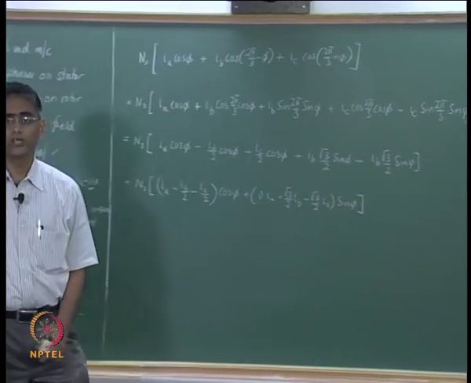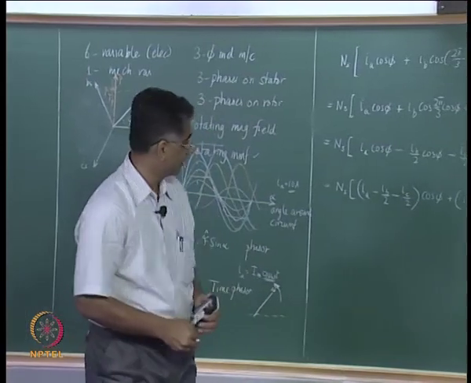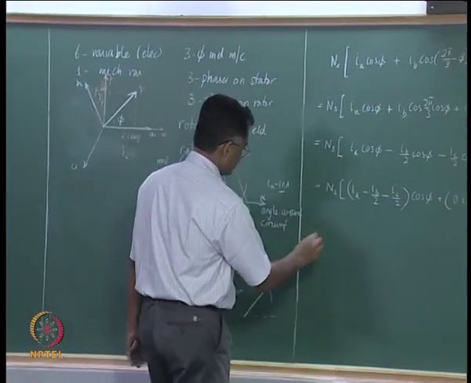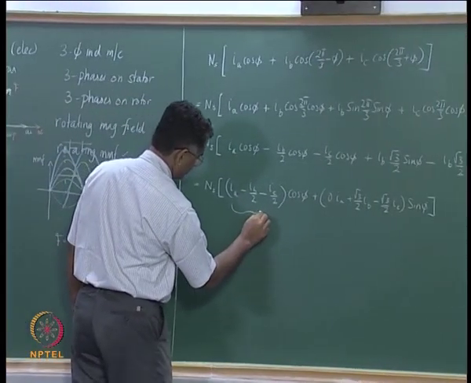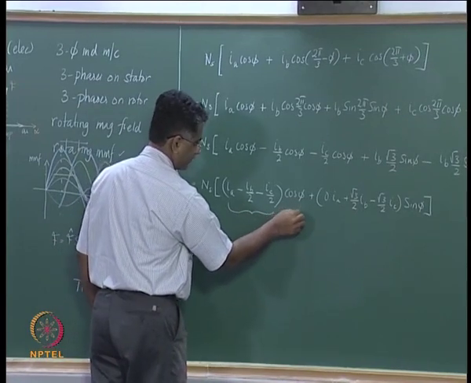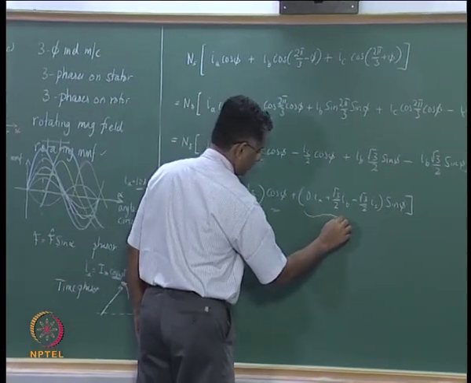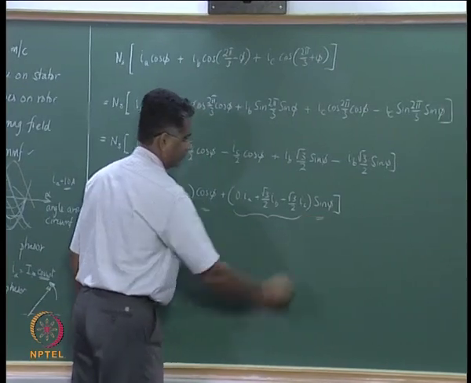is your resulting MMF. In this expression, note that we have some current here multiplied by cos phi and some other current here multiplied by sin phi.